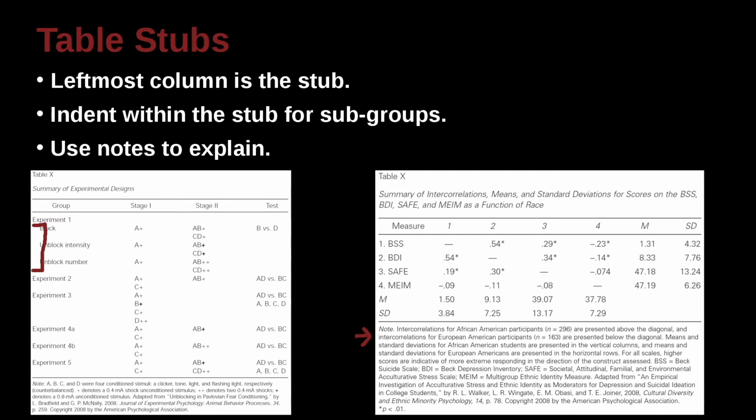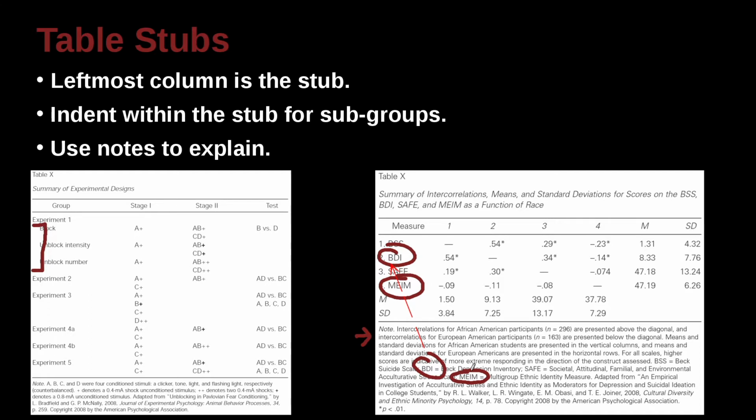And this is an example of a really long note, but I would not call this too long. One thing that this note is doing is you can see down in here like M-E-I-M, and here is M-E-I-M, right? And B-D-I, and here is B-D-I. So what's this doing? Well, B-D-I is Beck Depression Inventory.